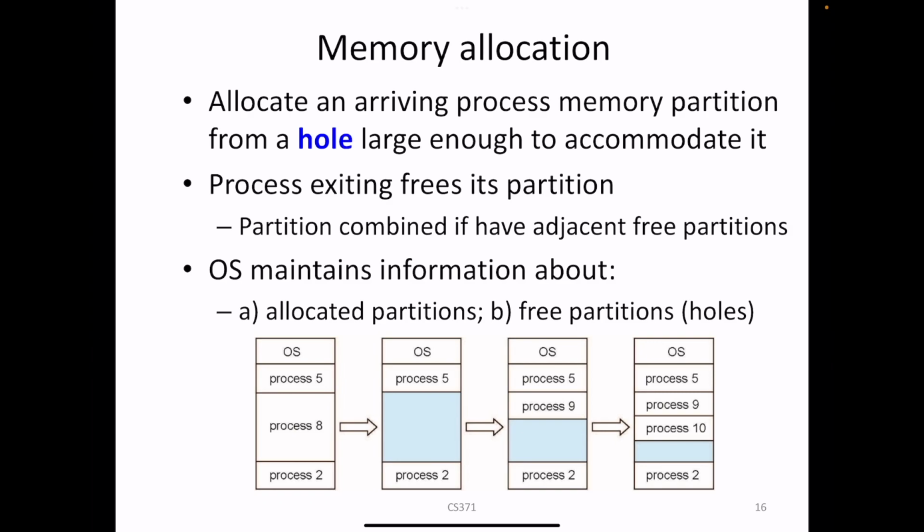To achieve this, the operating system needs to maintain some additional information. It needs to maintain information about allocated partitions, which means knowing which partition has been assigned to which process. It also needs to know all the free partitions or holes so that when a new process arrives, the operating system can quickly assign a free partition to it.